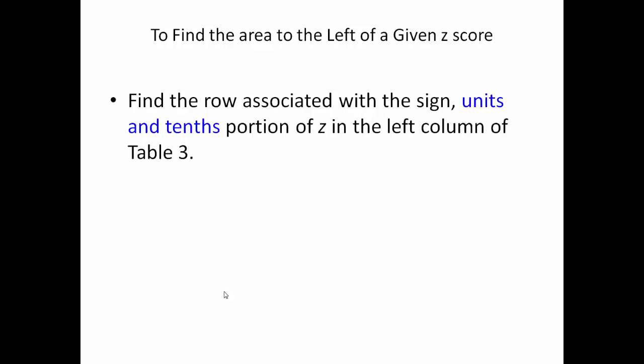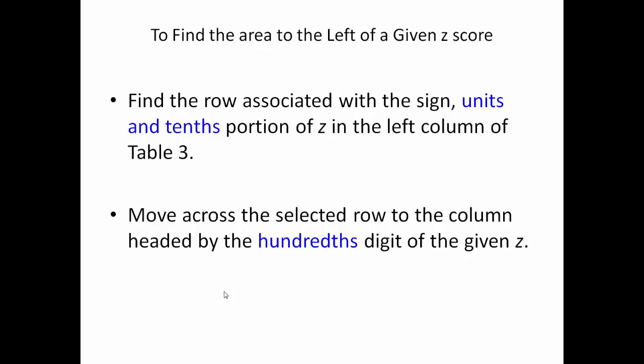In this case, we want to find the row associated with the sign, units, and tenth portion of the z in the left column. In other words, the first two digits in my z value are in the left-hand column. The third digit is across the top. We move across the top to find the value in the hundredth place, as we mentioned before.